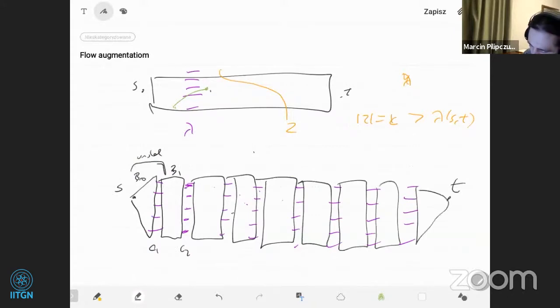In the end we reach T, and this is C3, C4, up to some C capital N. And the blocks are B2, up to block Bn minus 1, and this block Bn. These are called blocks, and I'm just taking the leftmost minimum cut closest to S, contracting it onto S, taking the next one disjoint, etc.